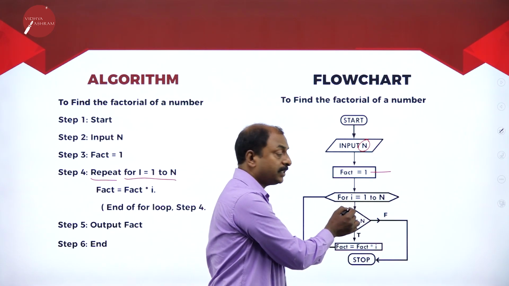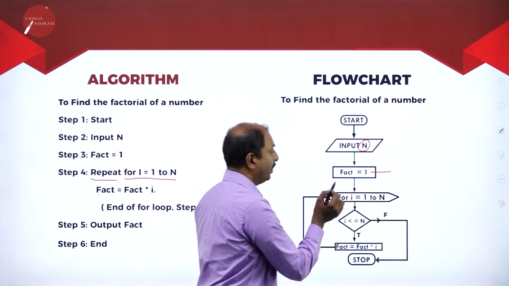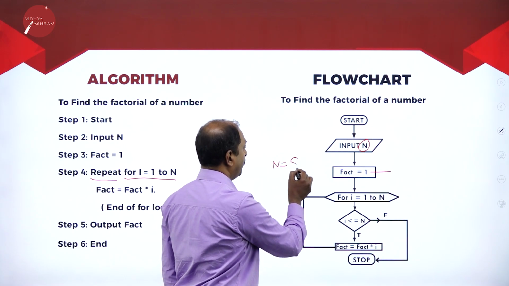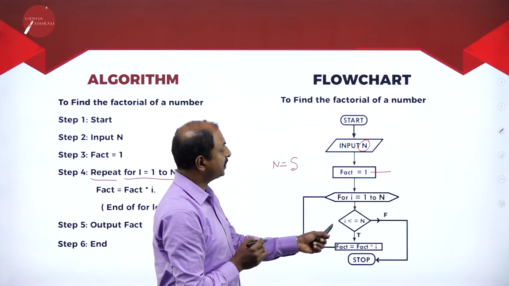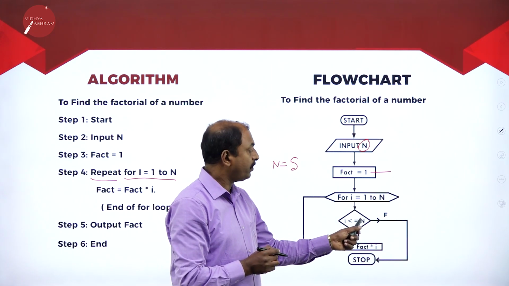First, the value of I is 1, 1 less than or equal to n. For example, if the n value is 5, the first time the I value is 1. 1 is less than or equal to 5, true.